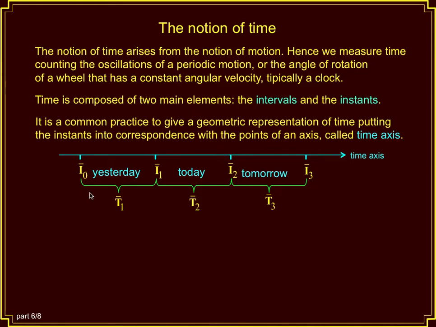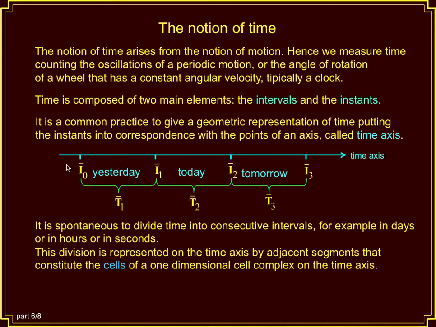This is an example. Yesterday, today, tomorrow, these are three time intervals. The instants are denoted with a bar over the letter, and the same is done for intervals. It is spontaneous to divide time into consecutive intervals, for example in days or in hours or in seconds.